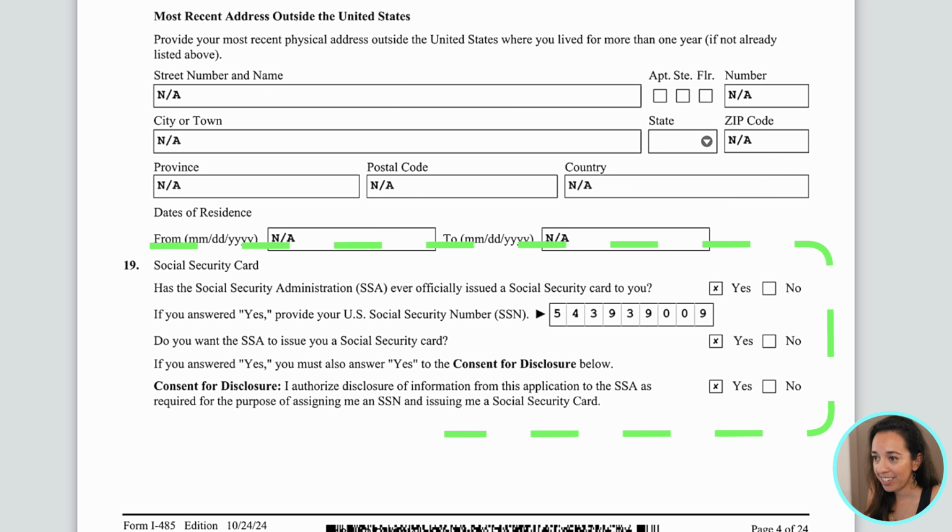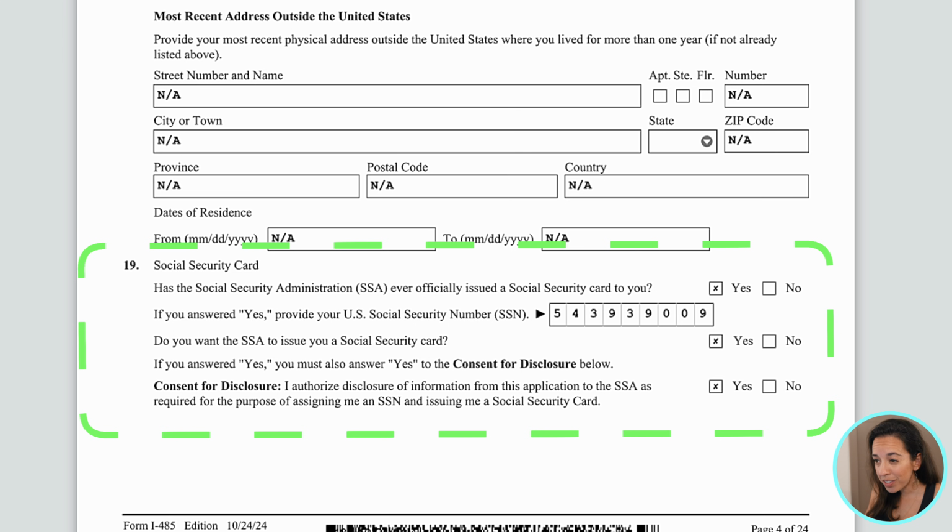Question 19 is in relation to their Social Security card. So it asks, has the Social Security Administration ever officially issued a Social Security card to you? So you can select no if you have never been issued a Social Security card. If you have had one before, you can click yes.